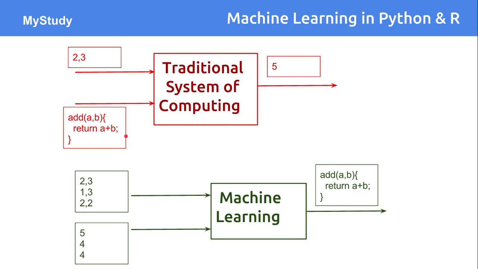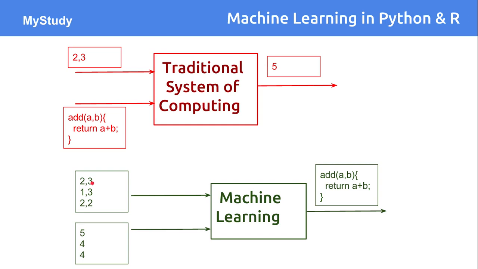So instead of writing this kind of program, the machine will take data like 2 comma 3, corresponding output is 5; 1 comma 3, corresponding output is 4; 2 comma 2, corresponding output is 4. We feed it to the machine learning black box system, the machine learning algorithm, and it will tell us: based on the data you have given me, I have come up with a program, and that is the addition rule extracted from the data.